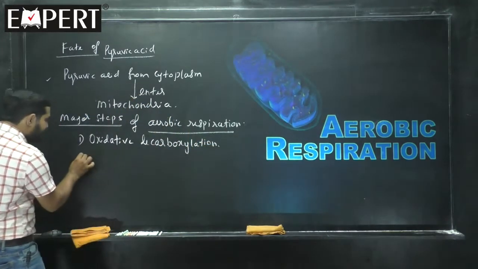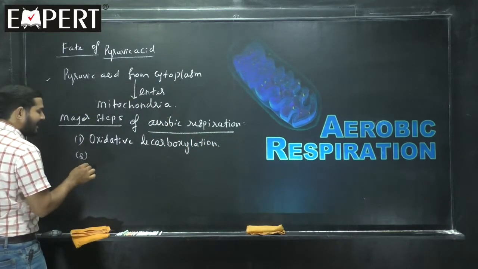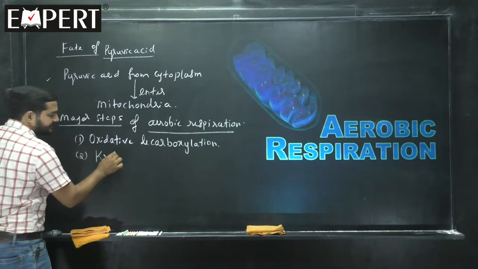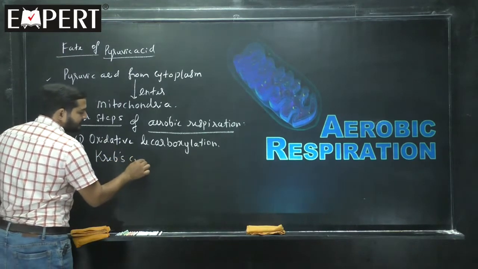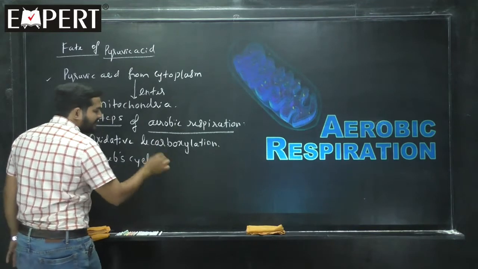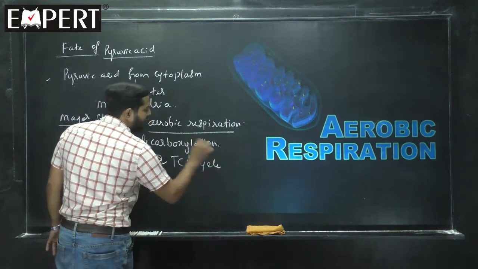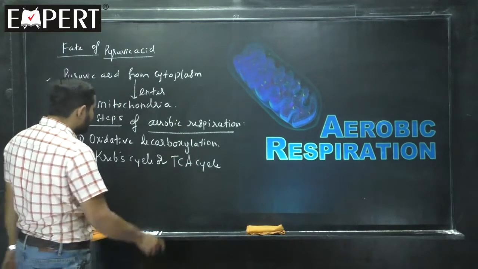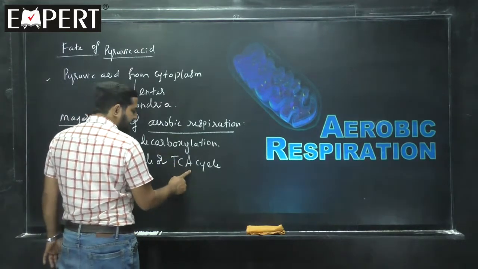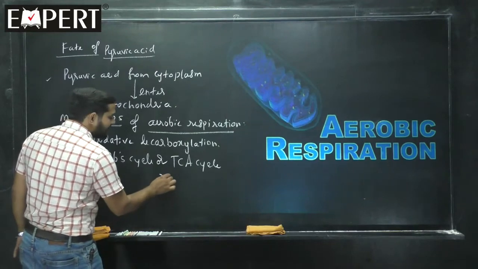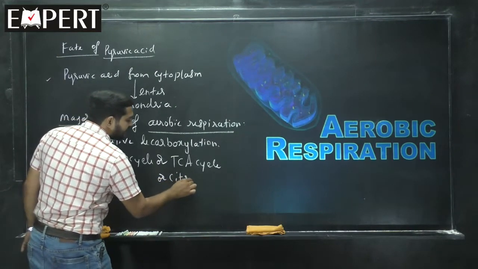The second event is called the Krebs cycle, which is also called the TCA cycle. Full form I will tell later. It is also called the citric acid cycle.